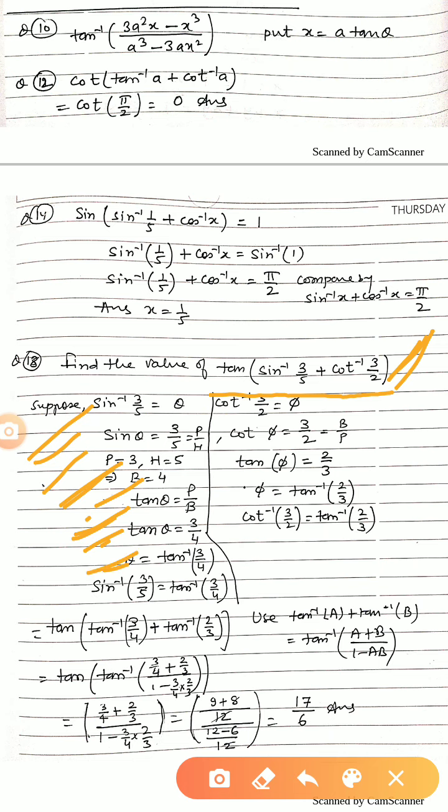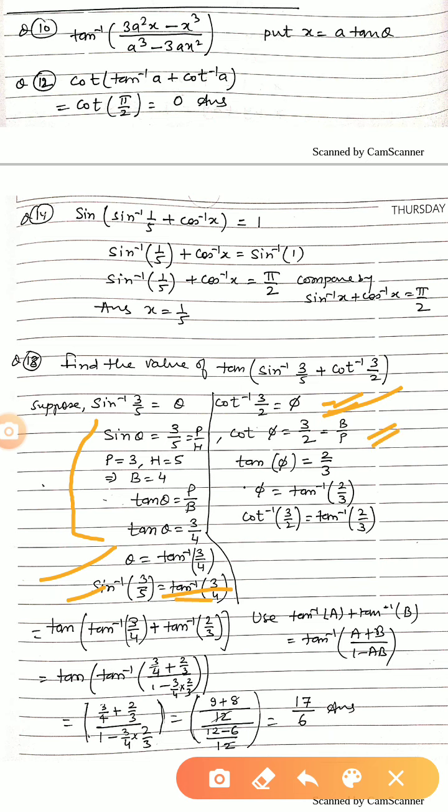So look at theta, both are equal to theta. Here you can check. So sine inverse 3 by 5 you can write as tan inverse 3 by 4. Similarly, on the right hand side, cot inverse 3 by 2 you suppose is phi.